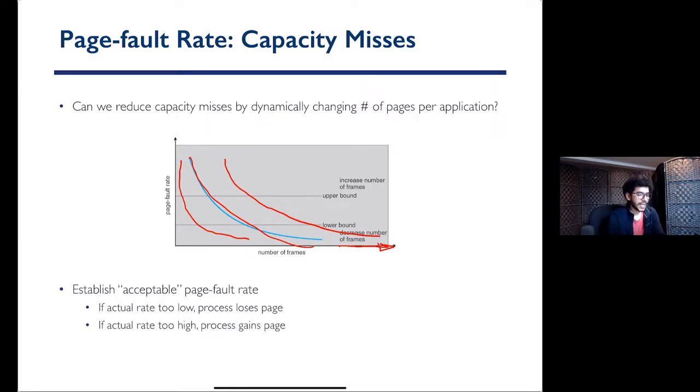Now, we can set this range of acceptable page fault rates. So we can say this is a range that is acceptable for processes. Now, if I define this range, I can look at my curve and look at these ranges. So these become the ranges of the allocation I want for each process.